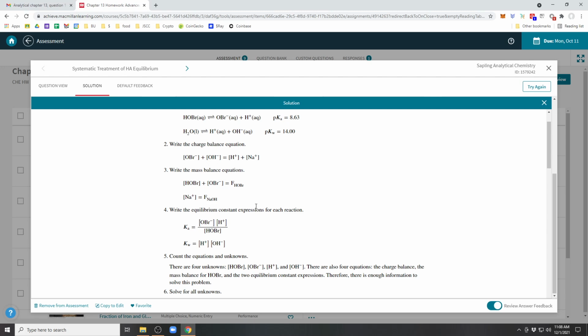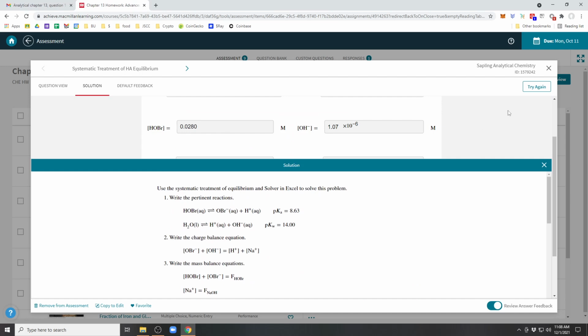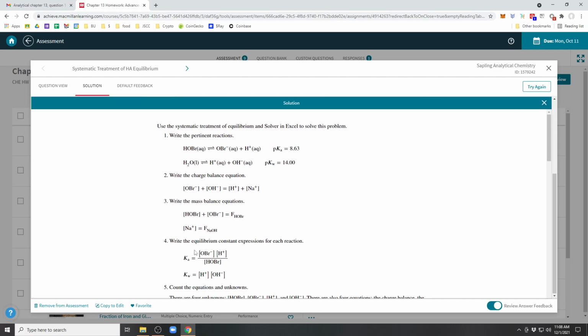So the last thing you know about this solution is the Kas. You know Kas exist and you have those values. You know that Ka has an equilibrium expression, which is always products over reactants. And the concentrations would be to their power, which would be their coefficient in the reaction.